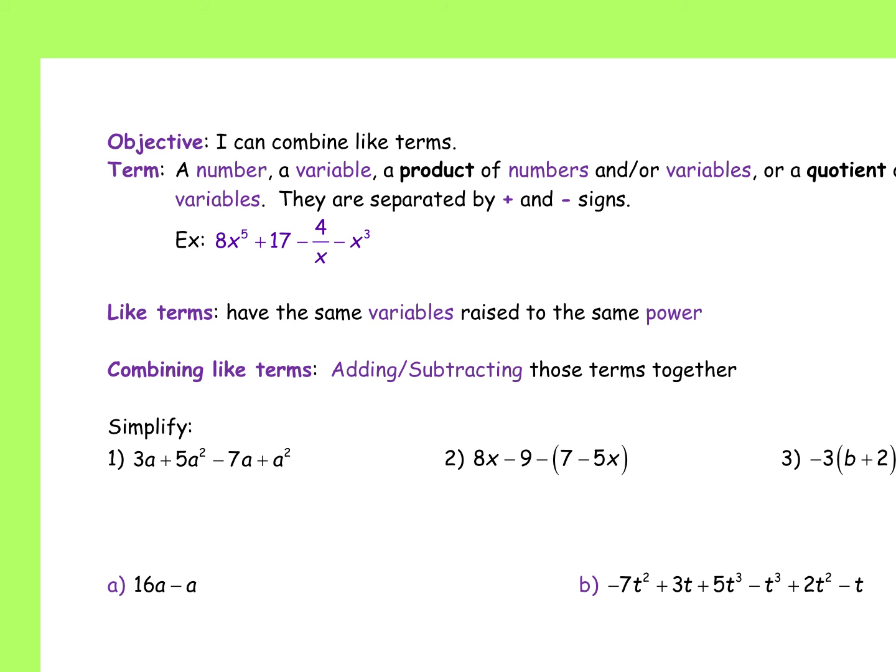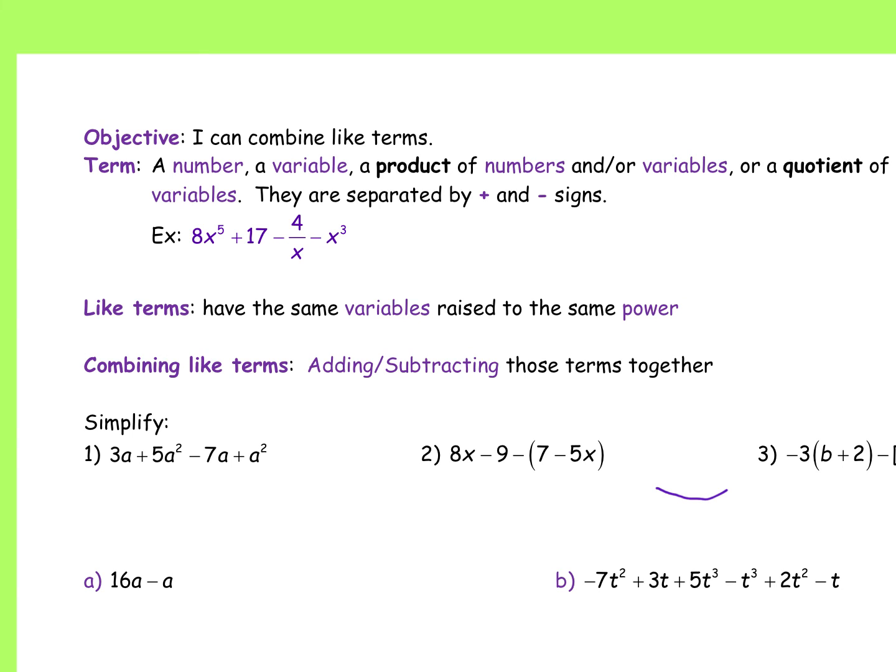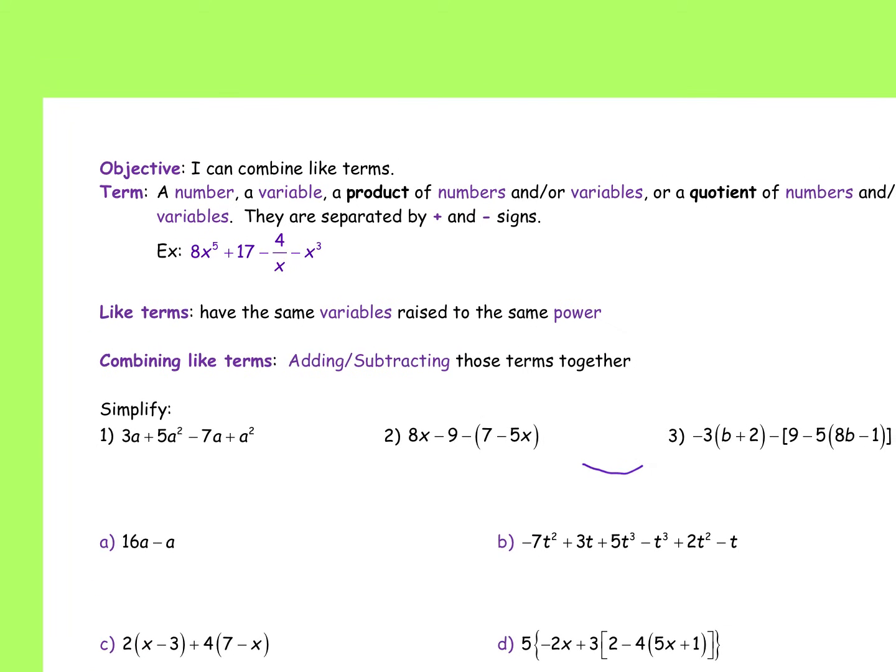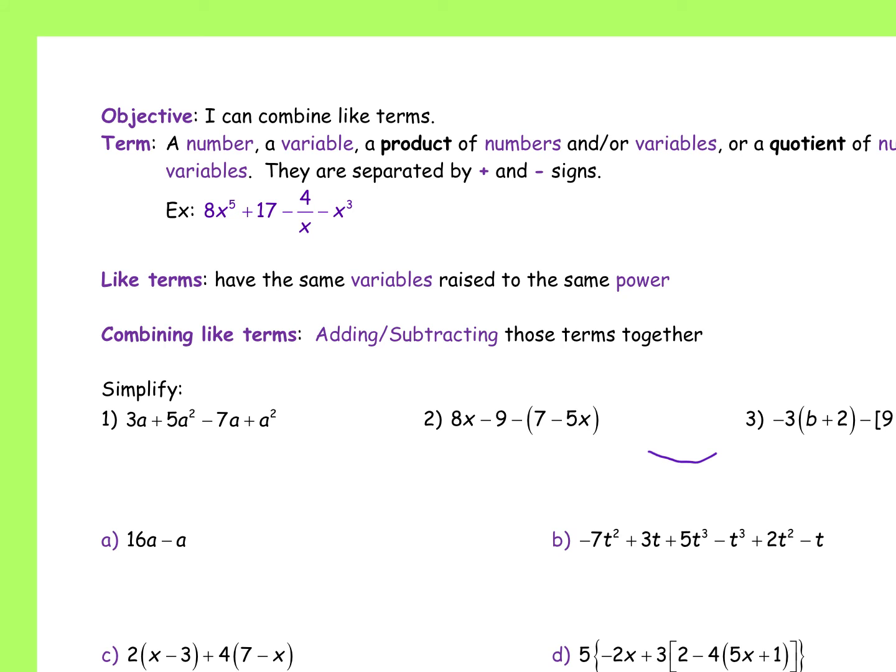A term means a number, a variable, a product of numbers and/or variables, or a quotient of numbers and/or variables, and they're separated by plus or minus signs. So each one of these is a term. There are 4 terms in that expression. Like terms have the same variable raised to the same power.